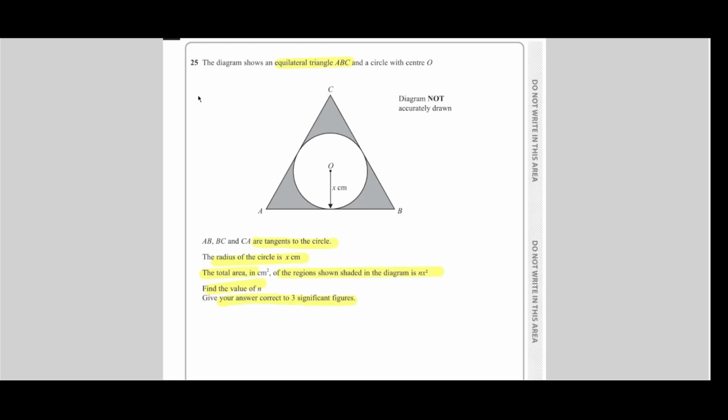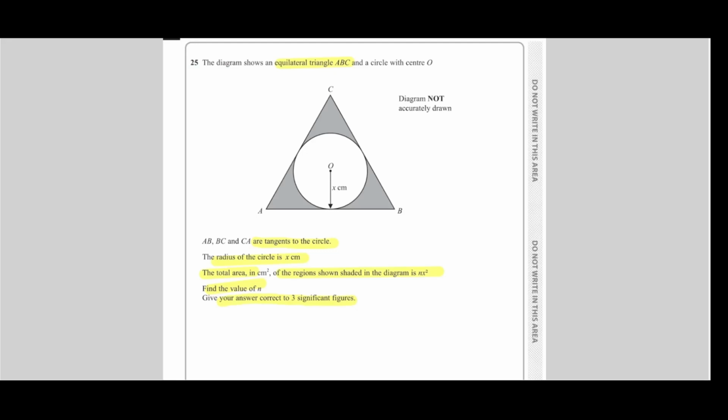So how do we get the area of the triangle? There are two formulae. One is half into base into height. The other one is half AB sine C. Area of circle is pi r squared. So one is pi r squared, the other one is half into base into height or half AB sine C.